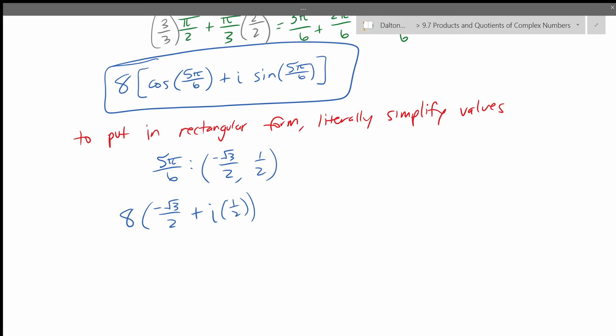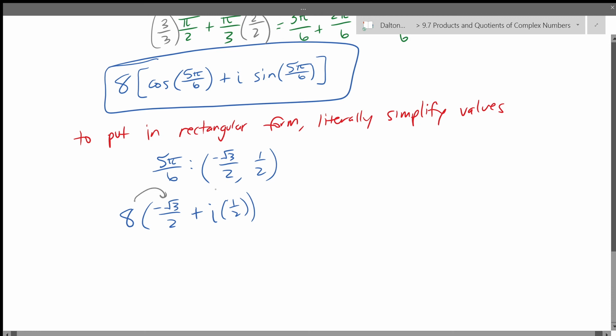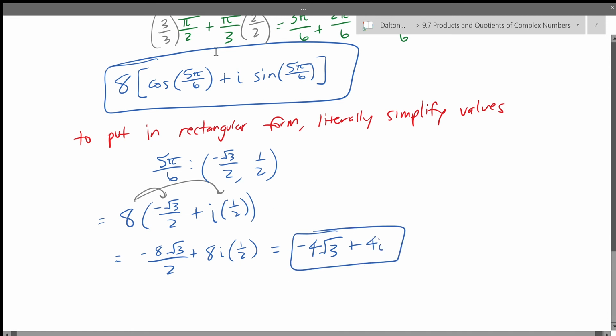Then again, we can distribute this 8 to both terms, and we get negative 8 square root of 3 over 2 plus 8i times 1/2. If we simplify one more time, negative 8 divided by 2 is negative 4 square root of 3, plus 8 times 1/2 will be 4i. So this is your answer of the product in polar form, and this is the product in rectangular form.